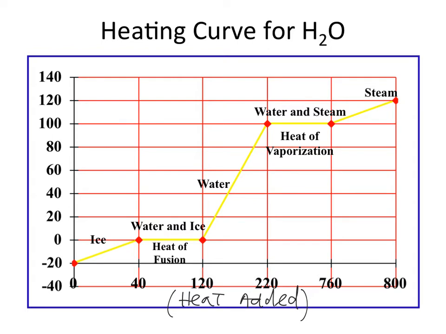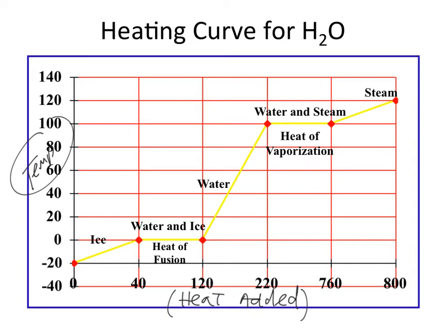However, usually along the x-axis it actually says heat added. Along the y-axis we have temperature. Now that we look at both axes, we can look at what's happening along this curve and identify what's physically happening at each change process.